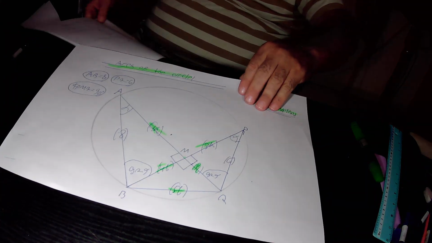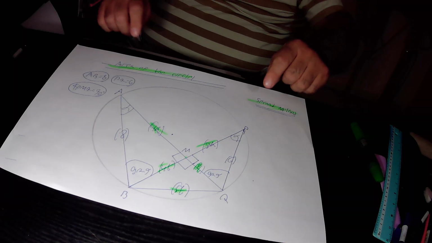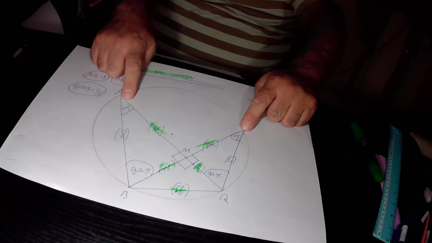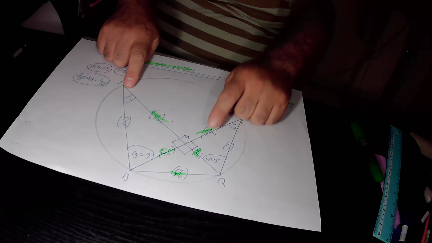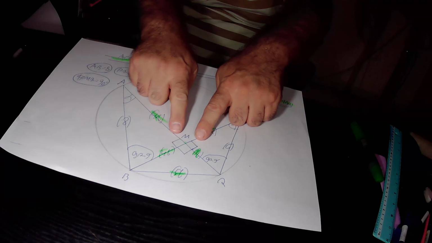We already found in the first method that those angles are both equal to alpha. Those are vertical angles that are equal to each other. Those angles are both equal to 90 degrees.